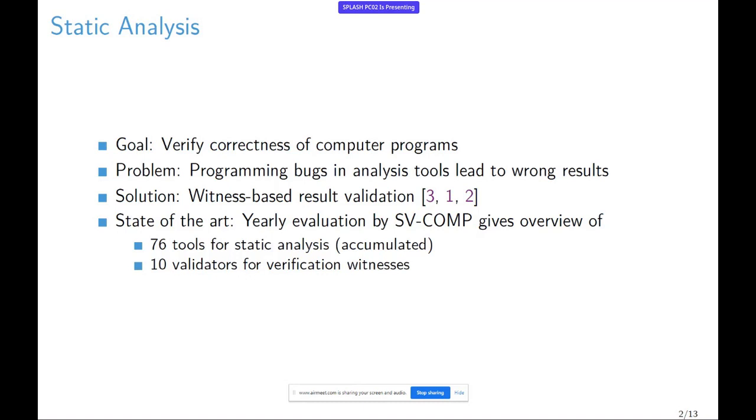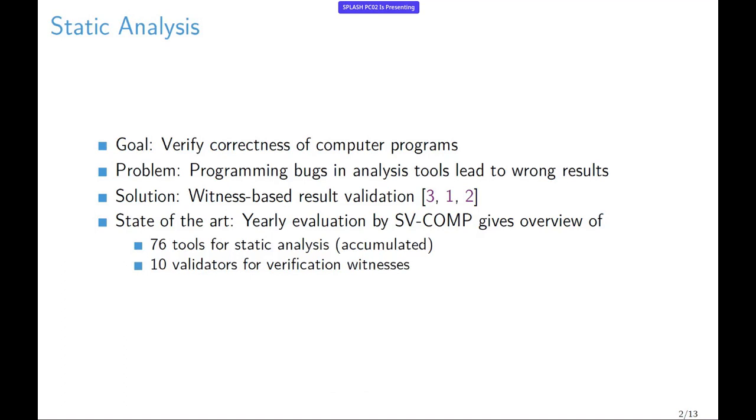And the solution is to use the witness and to validate the witness, and give the result to the user only if the witness validator has said, oh yes, the witness, the justification, actually makes sense, and I can reproduce the result of the witness. And the state of the art is actually quite good.